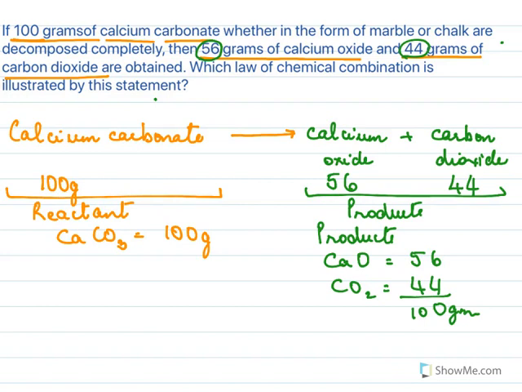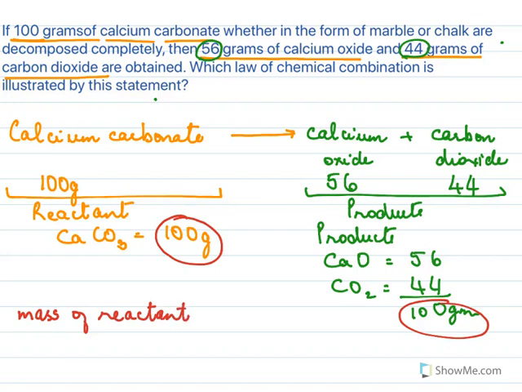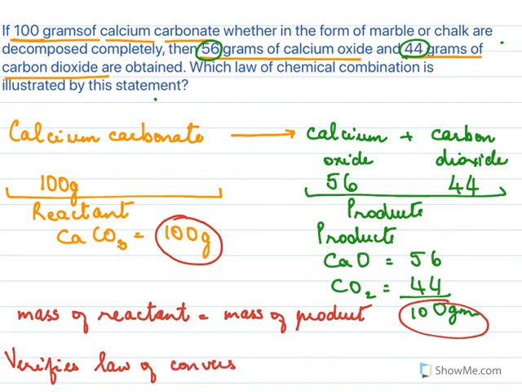So here we have seen that mass of the reactant equal to mass of the product, and this verifies law of conservation of mass, which says in a chemical reaction, matter is neither created nor destroyed.